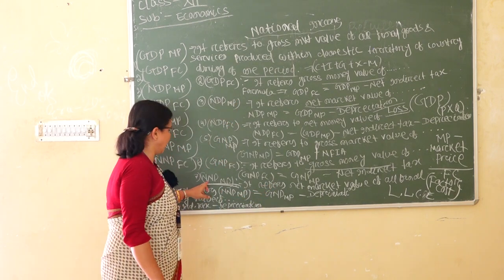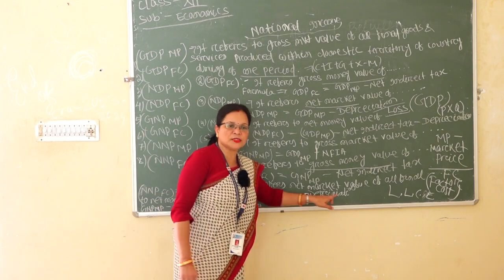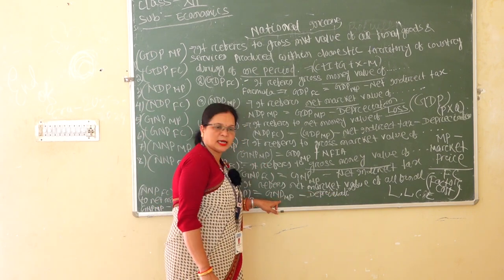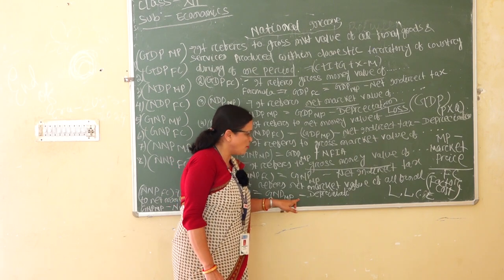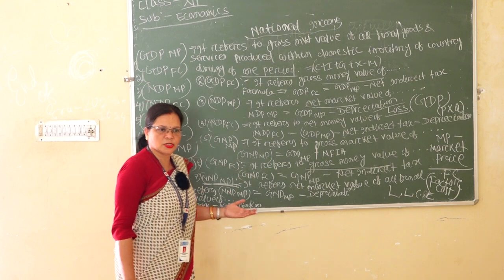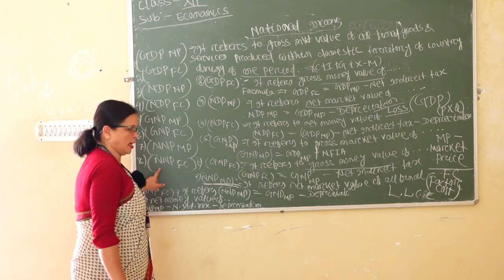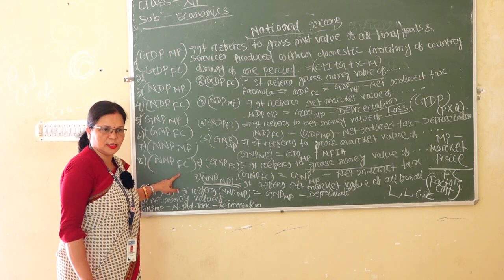What is the formula of NNP MP? It means GNP MP minus depreciation, gross national product at market price minus depreciation. What do we mean by depreciation? Depreciation means your loss.